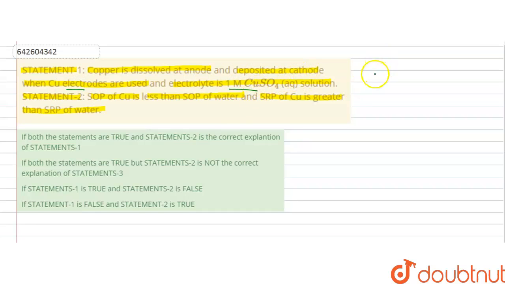So in this statement it is given that copper electrodes are used and the electrolyte is also copper sulfate aqueous solution.